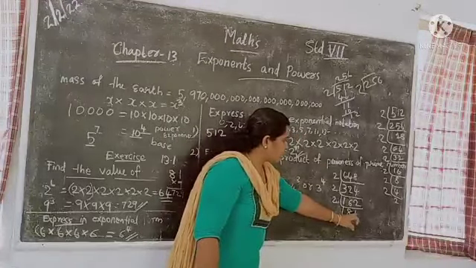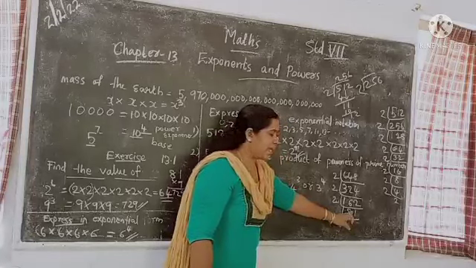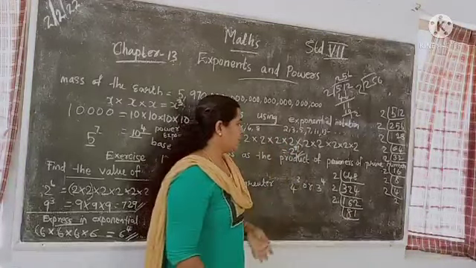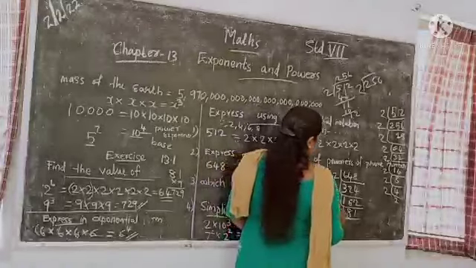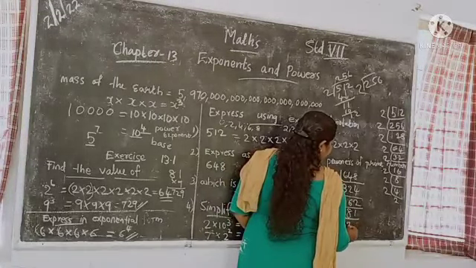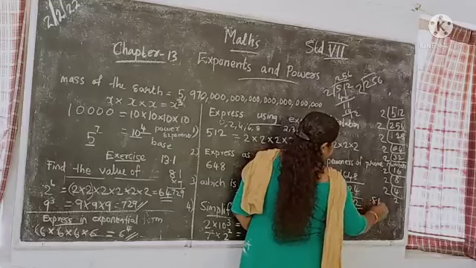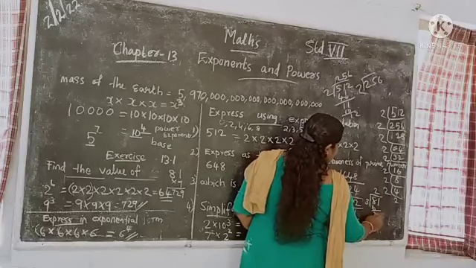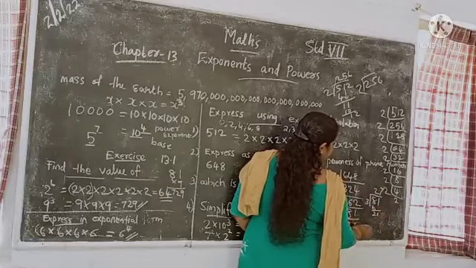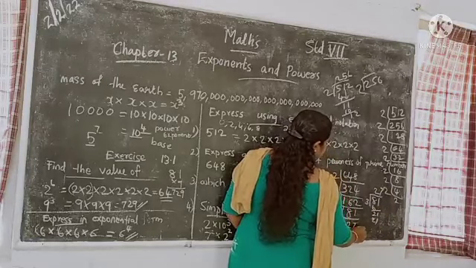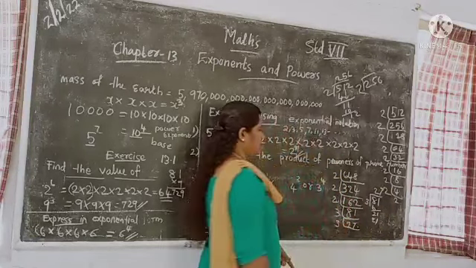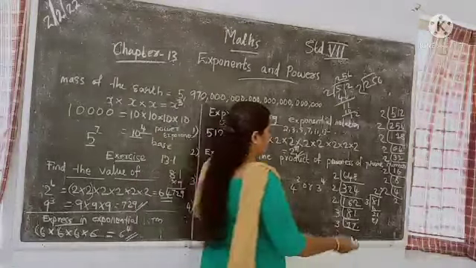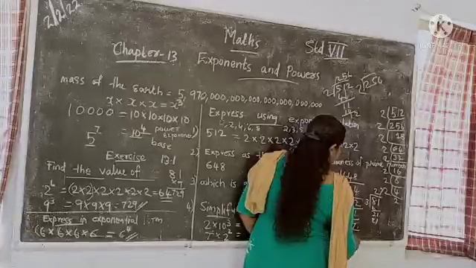8 plus 1 is equal to 9. 9 is a multiple of 3. So we can divide 81 by 3. 81 divided by 3 is equal to 27. Again 27 is divisible by 3: 9 times 3 is 27.